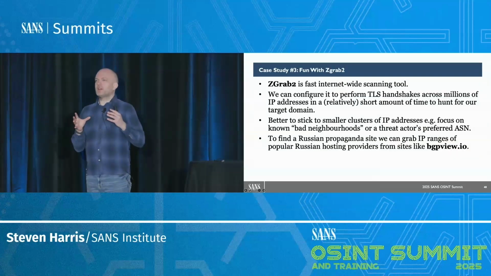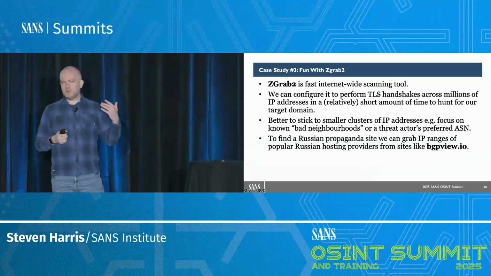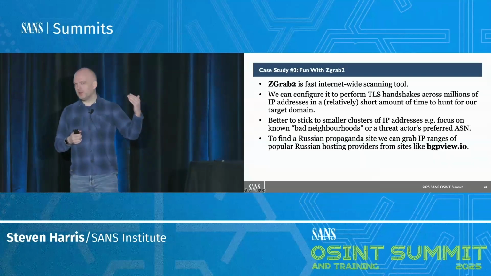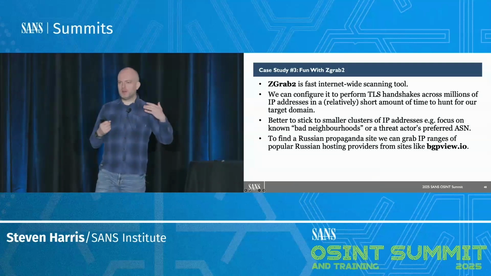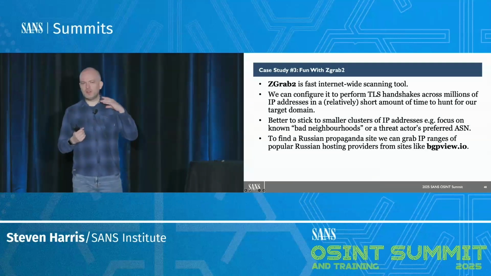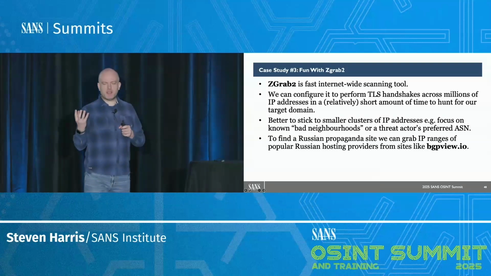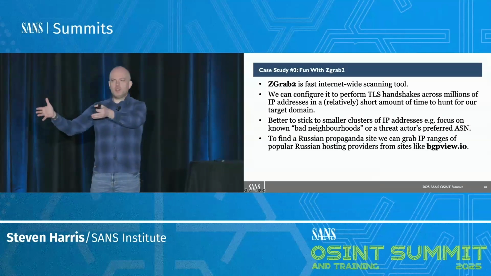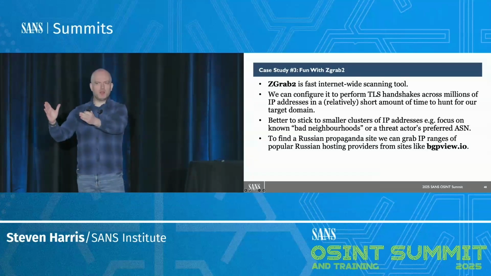So you could use zgrab2 to connect to every single possible IP address for the domain you're looking for. I don't recommend that you go for the whole world's 4.3 billion addresses all at once. You have to think a little bit smart. So if you know, for example, that a threat actor always likes to use the same hosting provider, you can narrow the range down to just a few million IP addresses.